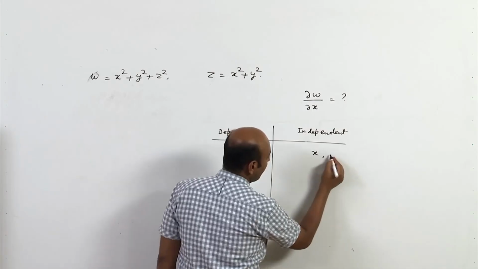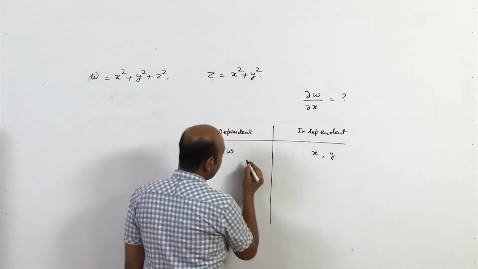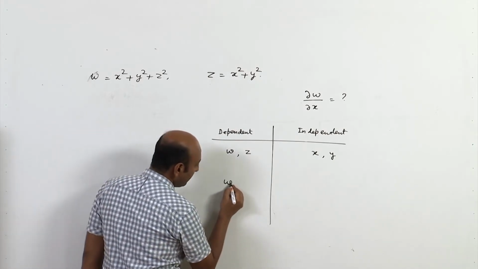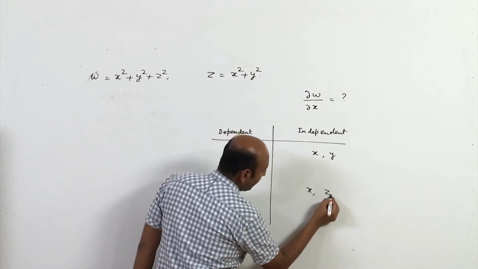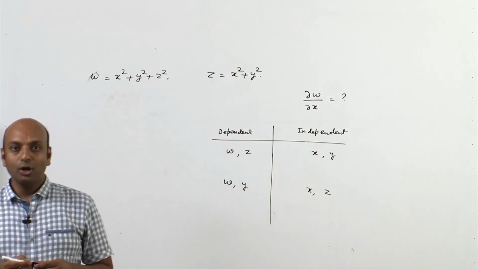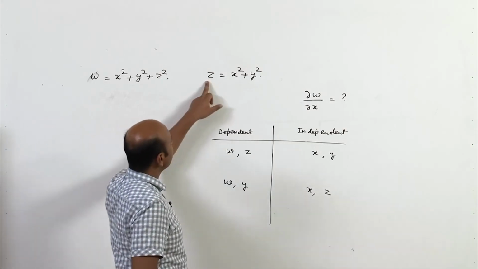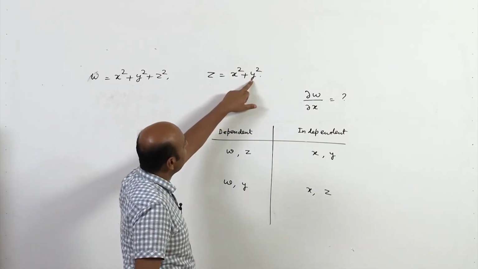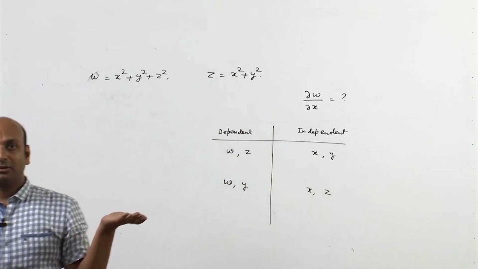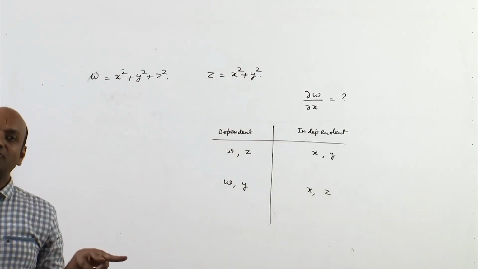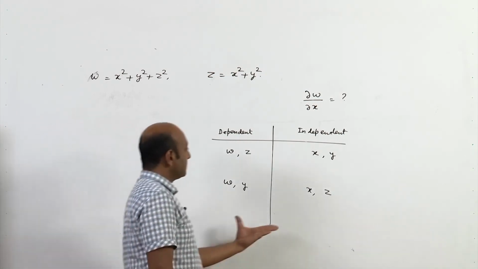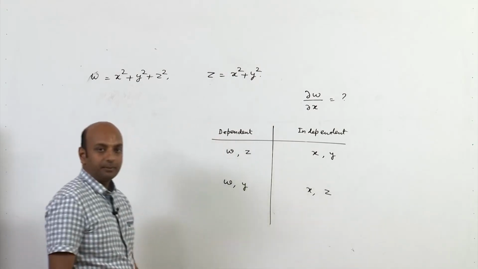May be possible that y is independent and z is dependent, or we may have z as independent and y as dependent, because we have one expression in x, y and z. So, of course, one variable will be dependent, other two are independent, definitely. So, two variables will always be independent. Okay. So, these are two possibilities which we are having.